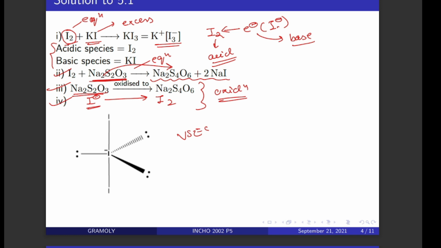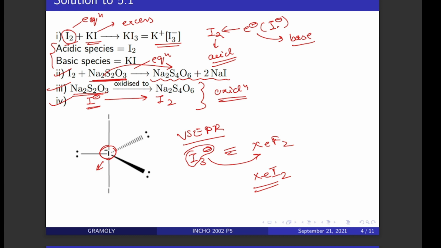Then we have the VSEPR model of I3 minus, which is quite similar to XeF2. We can see it like that. Let's take one I minus to be xenon, and we would be left with structures like this XeF2, right? So this I minus gets its noble gas configuration.